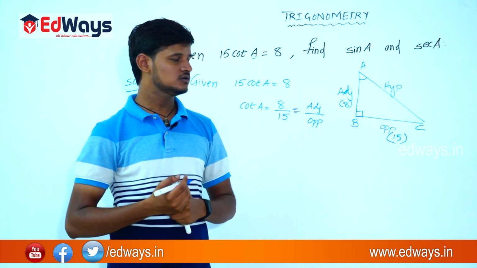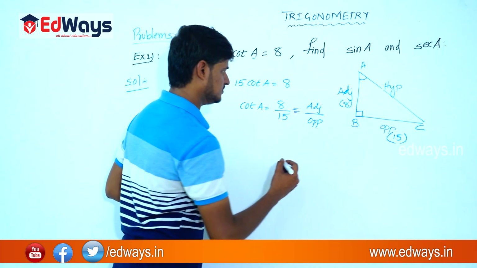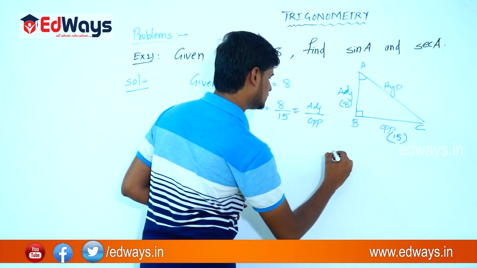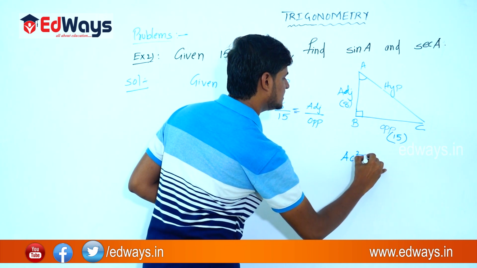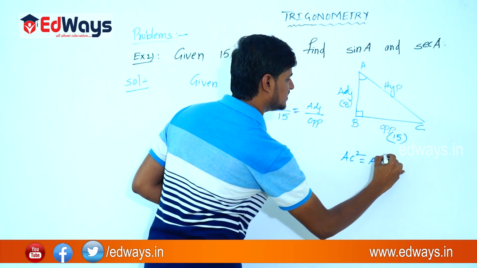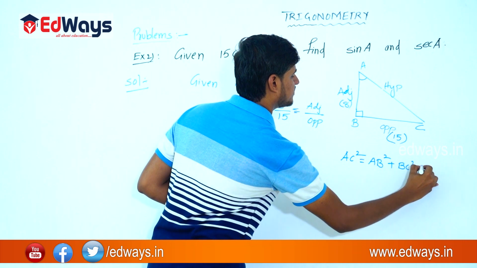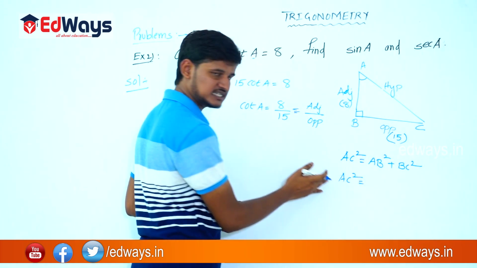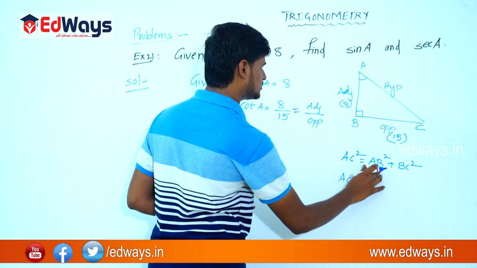Which formula do we use? Pythagoras theorem. If you apply Pythagoras theorem for triangle ABC, then you can write AC square is equal to AB square plus BC square, right? AC we have to find, so let it be AC square is equal to AB square.